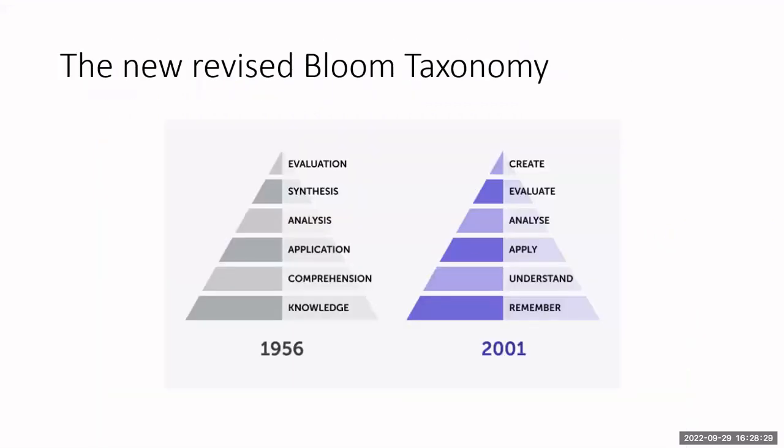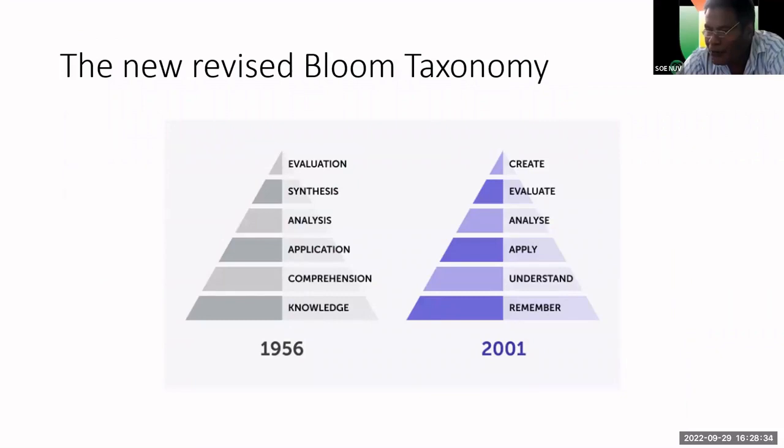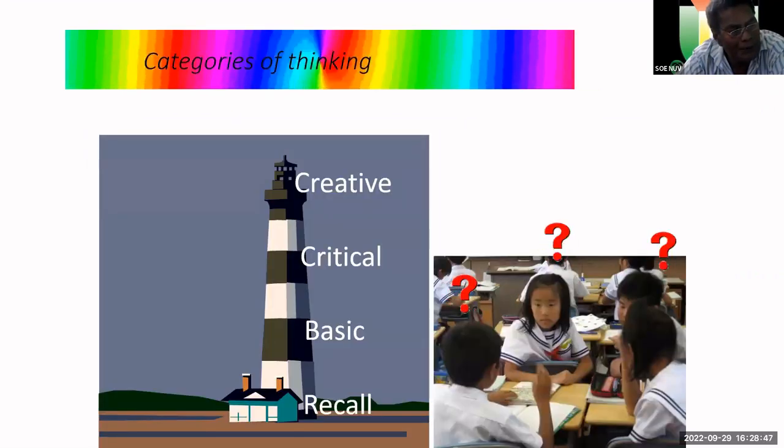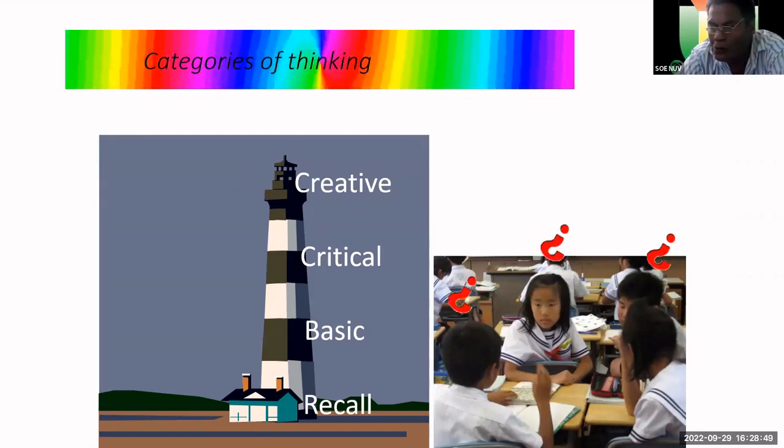Here you have more than 4. You have 6 different cognitive levels, whereas in the normal thinking levels, you have only 4.